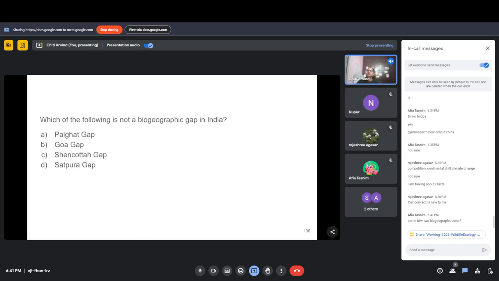So when you say barrier, if I say this is a barrier for species X between area A and B, what could possibly be this biogeographic barrier for a particular species?